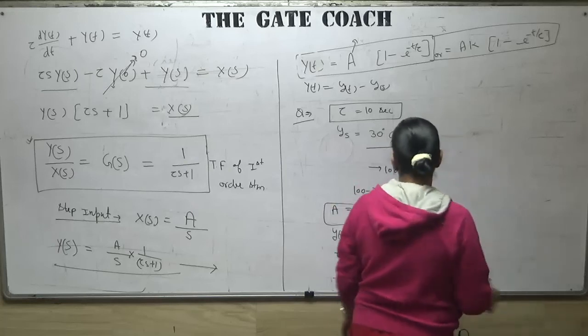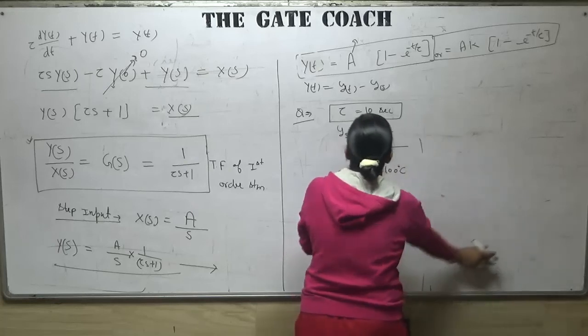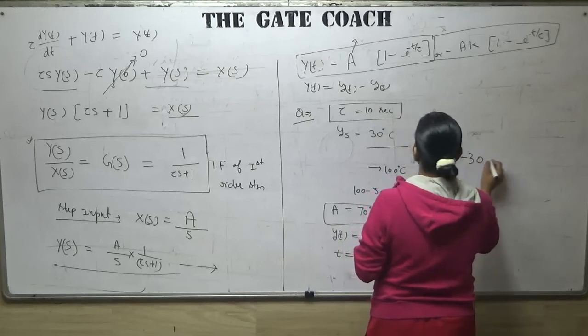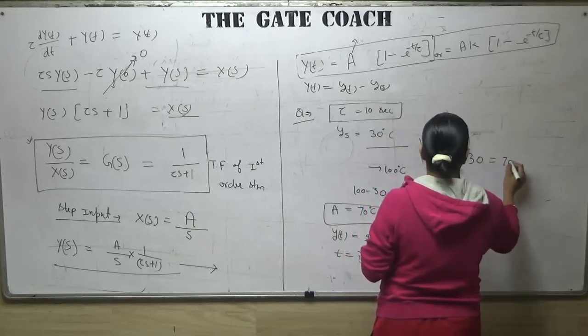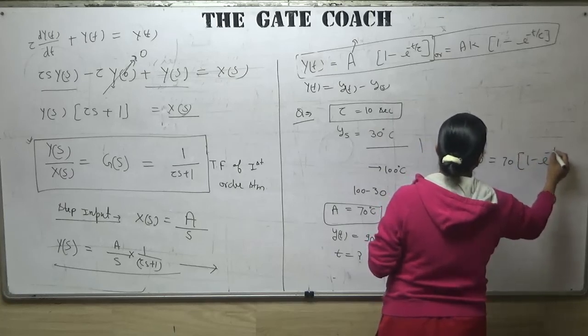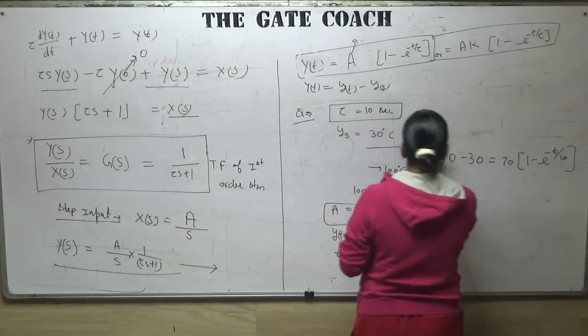Yes, is anyone solving the question? This is nothing but 90 minus 30 is equal to 70 into 1 minus e to the power minus t upon tau, where tau is 10 seconds. This is the simple equation.